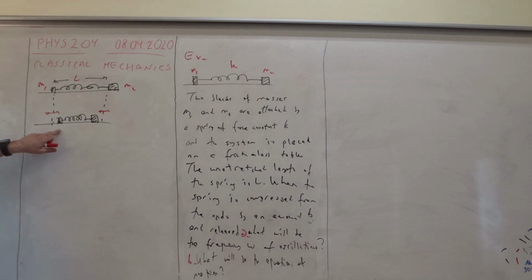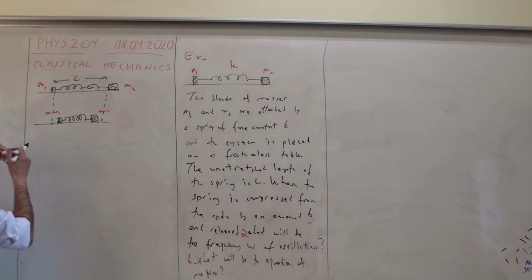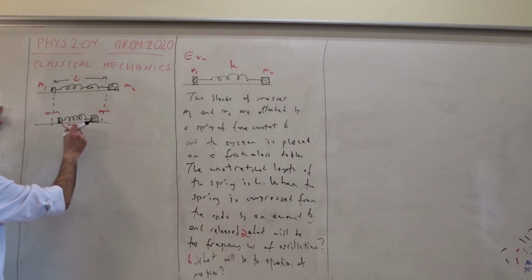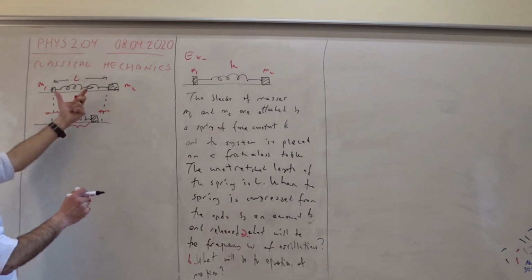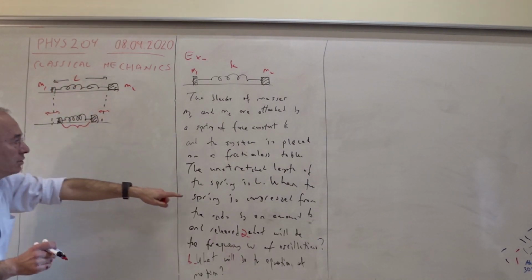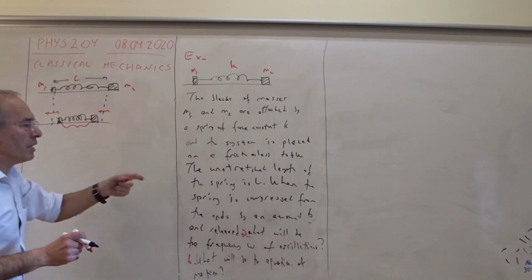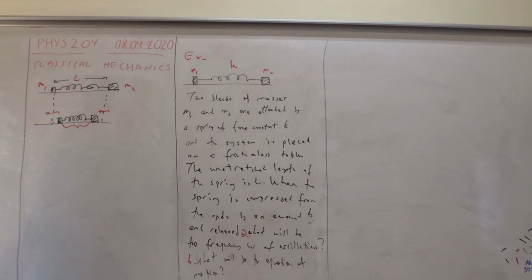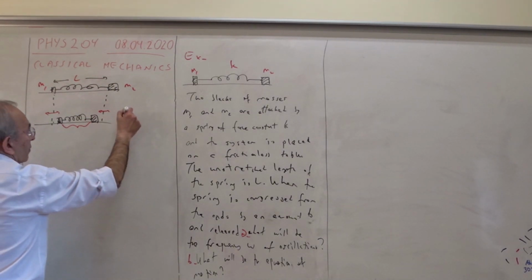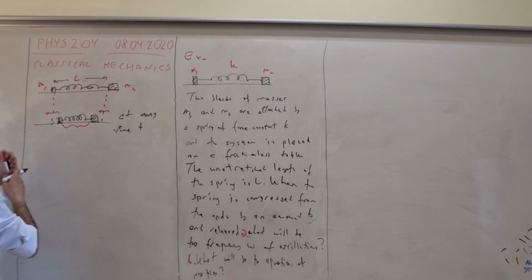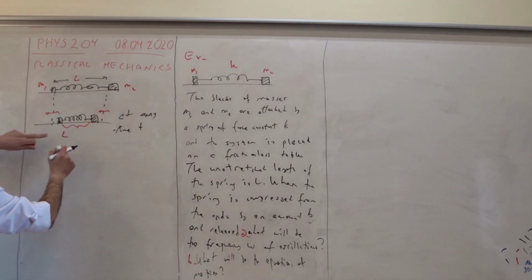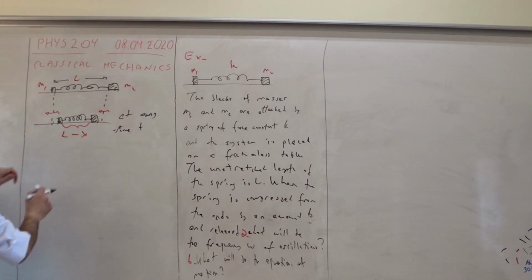So this length is the initial unstretched length minus the amount B in the beginning, but at any time t, it is just the initial length minus x.